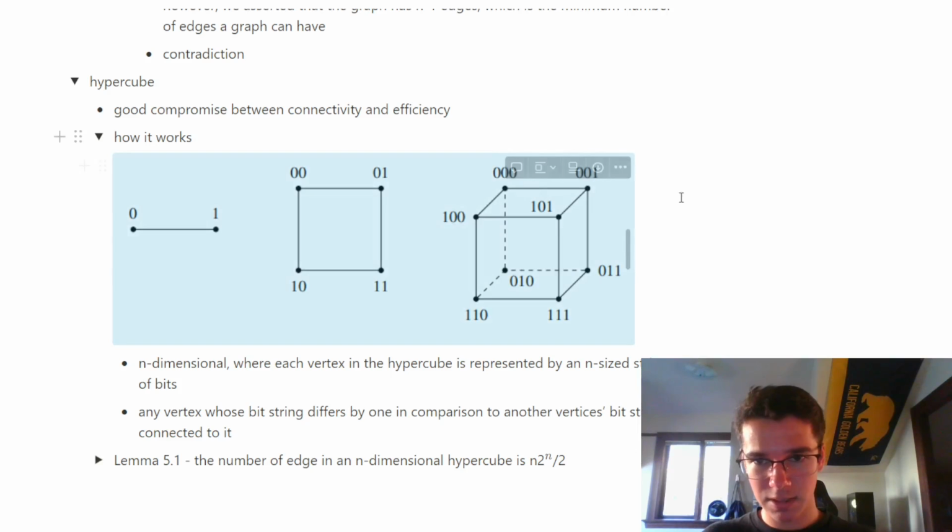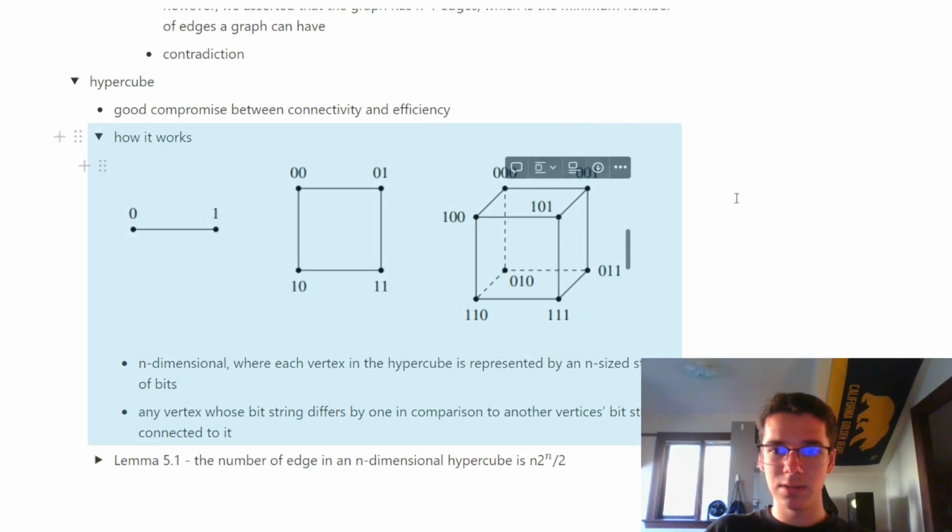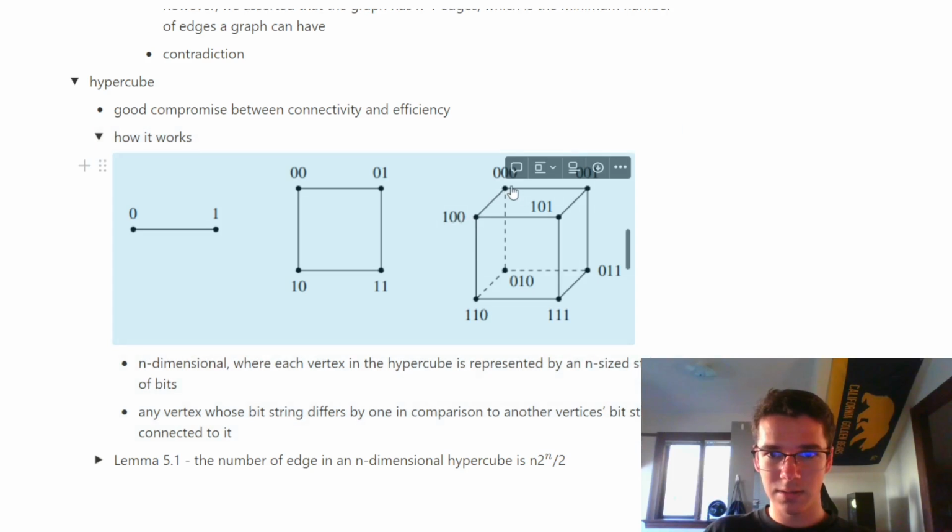So I think a clear example is if we were to look at the 3-dimensional hypercube. And maybe we'll look at this 100, and we'll see how you can flip the second bit, and that's 1 away. If we go here, you flip that third bit, the leftmost bit, and then once you go to this one, you just flip the rightmost bit.